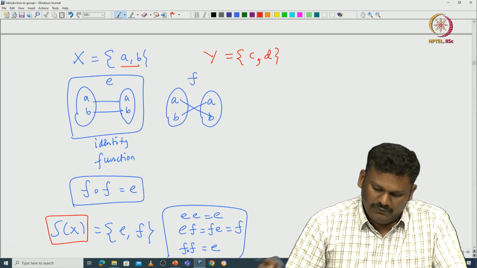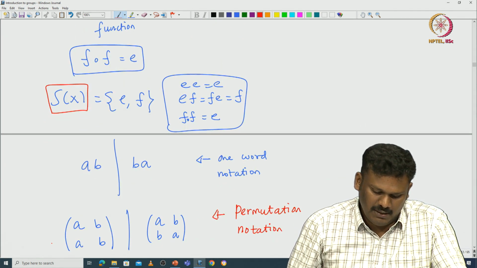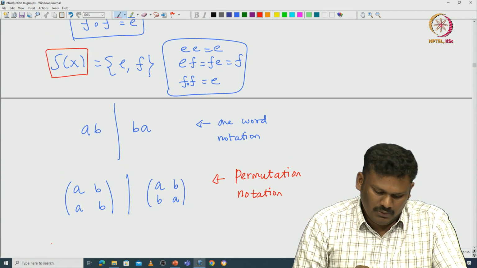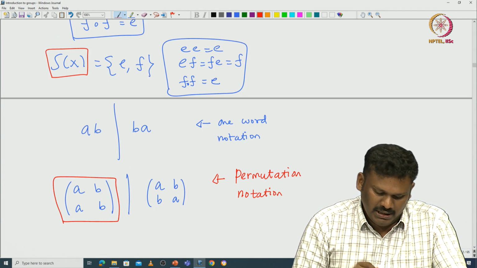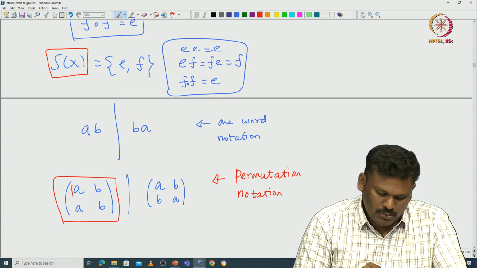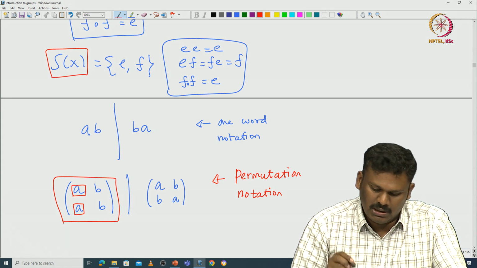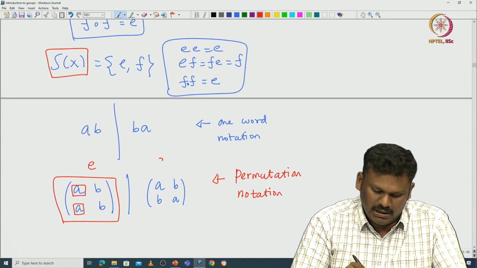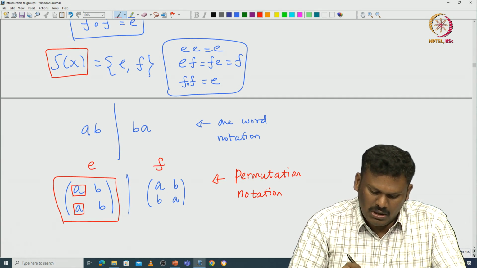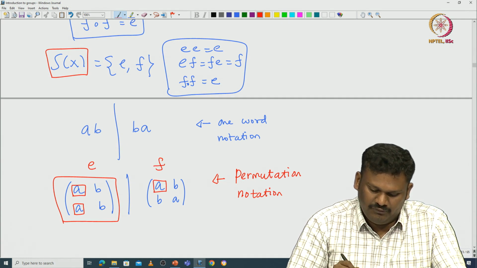For example, if you list them as A B, the first function, identity, preserves the first position as first position and second position as second position. What the function F does, which we denoted by E and F, takes the first position element to the second position.